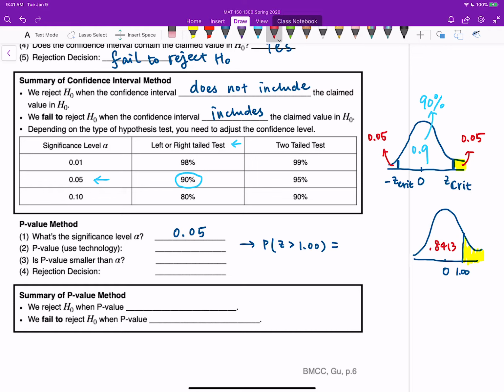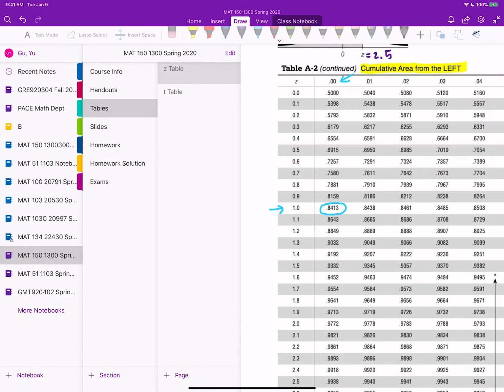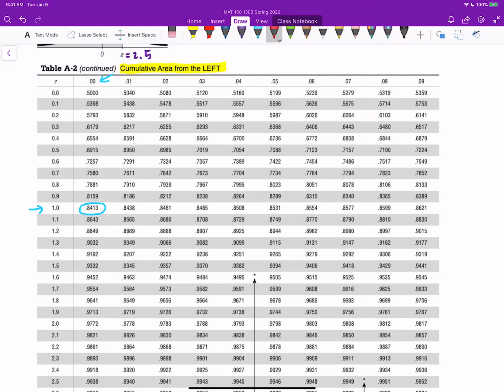To find the yellow region, which is the p-value, because it's a right tail test, it is 1 minus 0.8413, and that's 0.1587. Let me double check if it's correct. 8413, yes.